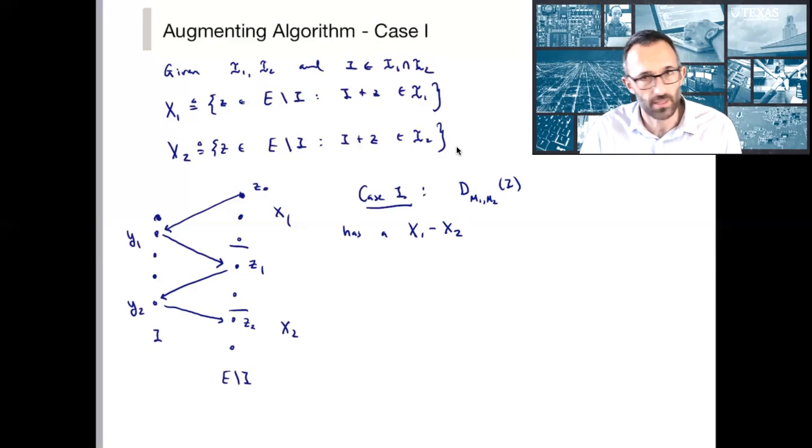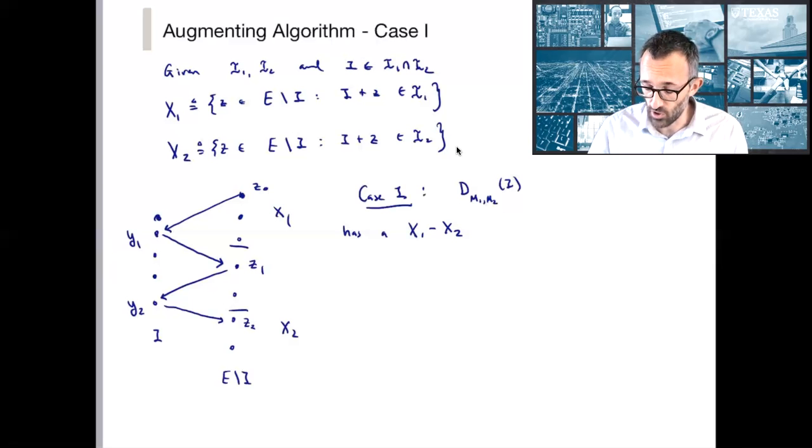I'm not going to draw that, but that's possible, and it doesn't contradict this statement. And the statement that we're going to prove is that if there is such a path, then we can augment I to a common independent set of size at least one larger.